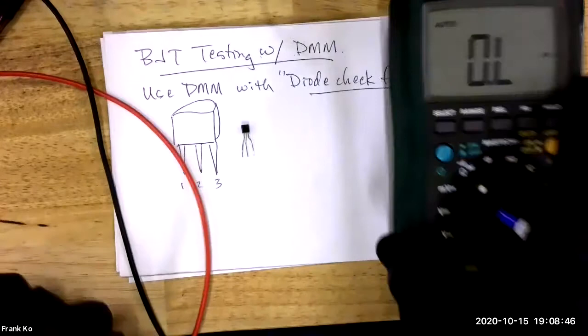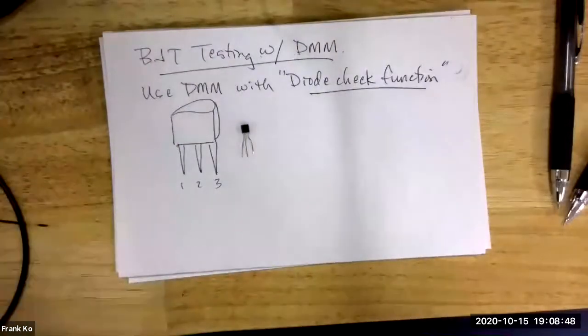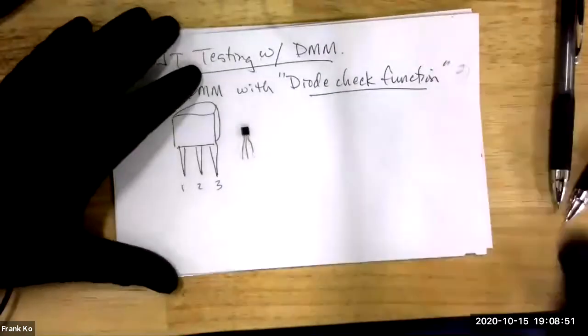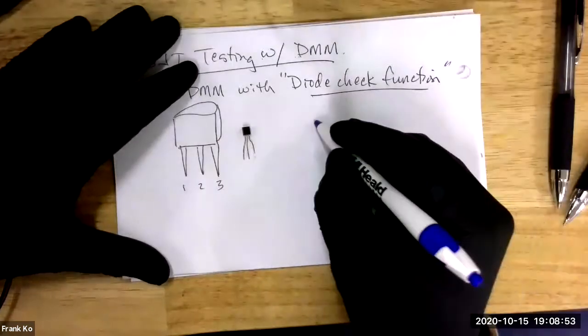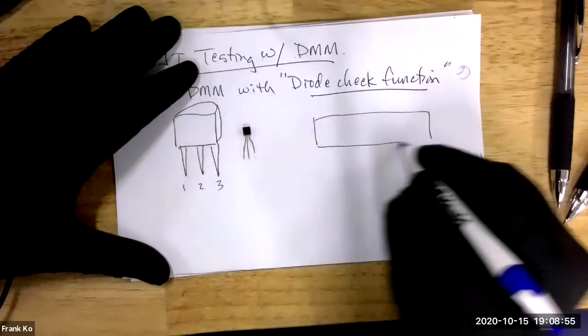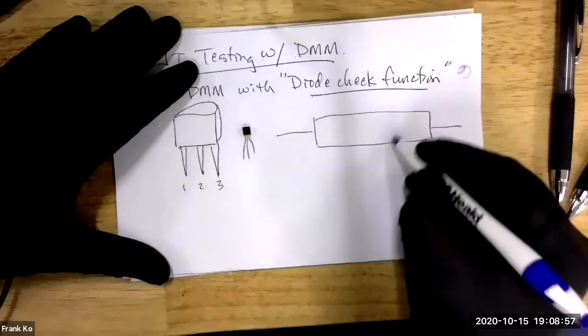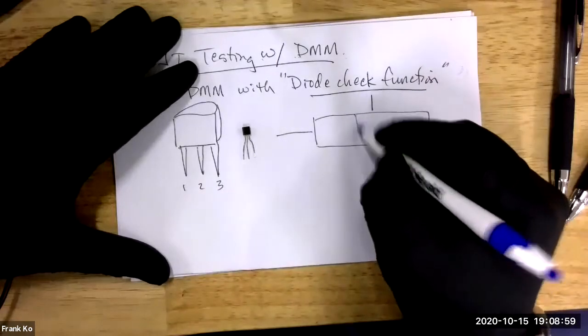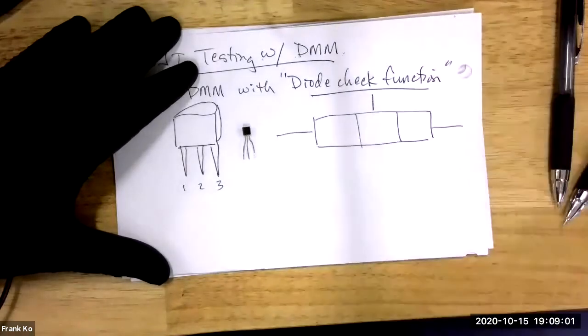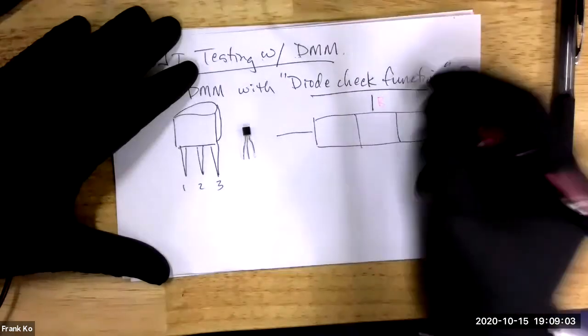So I'm going to move this aside for just a moment and talk to you about biasing your transistor, because we already talked about biasing a diode. Let's talk about biasing a transistor. Okay, so here, we happen to have a base lead.